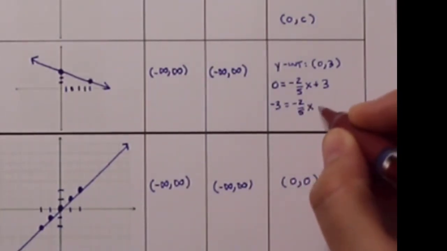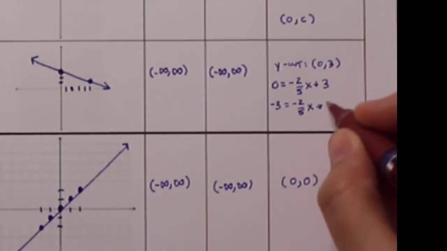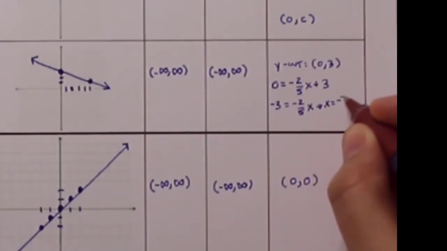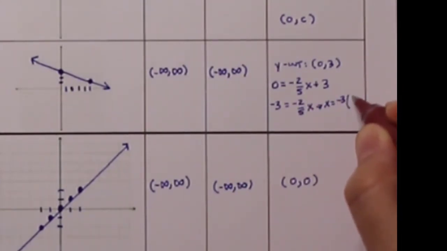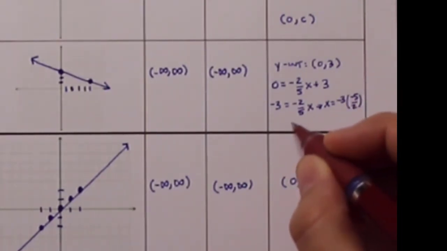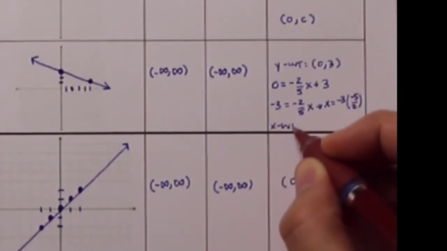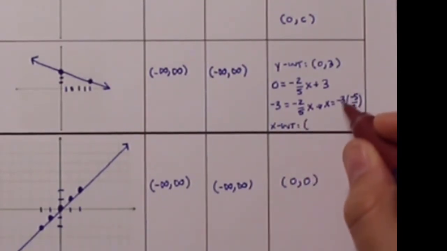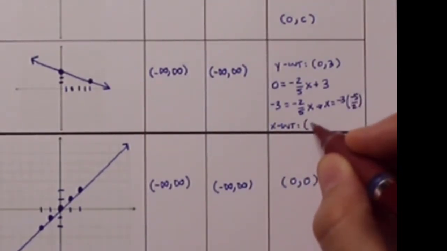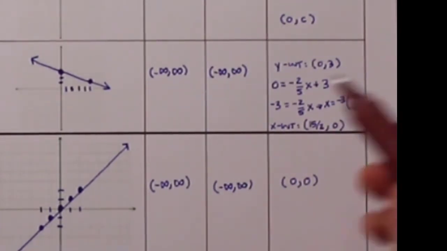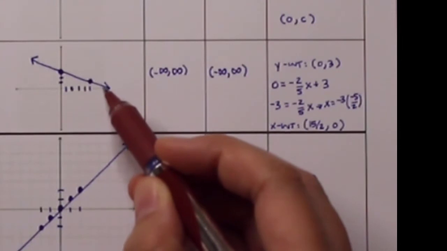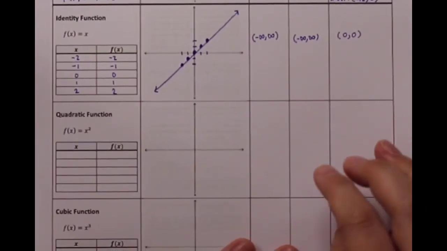And so that looks like x, I'm kind of running out of room here, but x is going to be -3 times the reciprocal of -2/5, so times -5 halves. And so x would be, and I'll just put it right into my coordinate now, so my x-intercept, the x value is going to be 15 halves, or 7.5, 15 halves, comma, 0. So over here at about 7.5, we would be touching the x-axis. That would be the x-intercept.